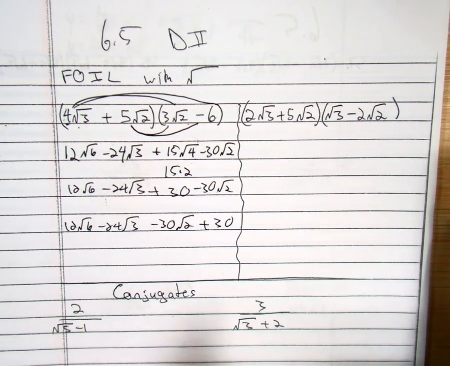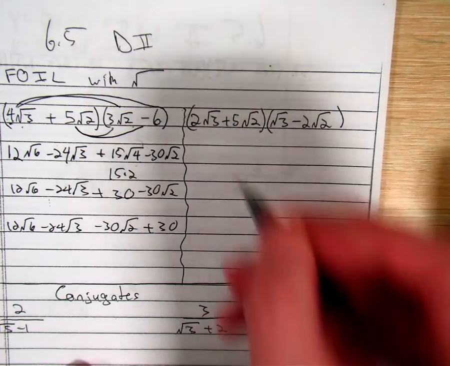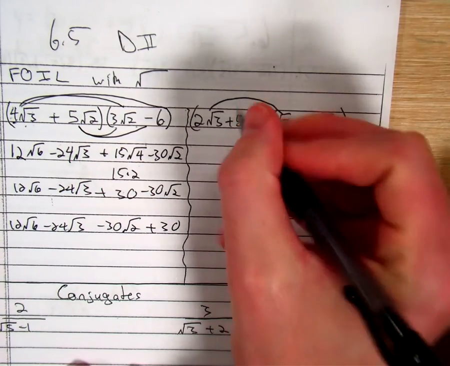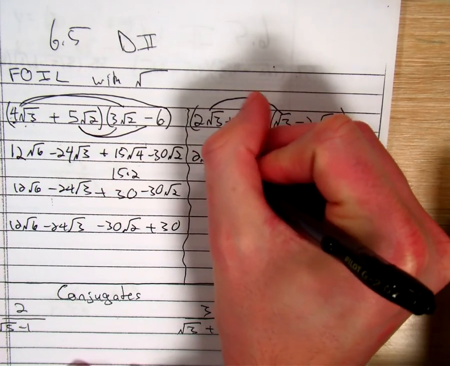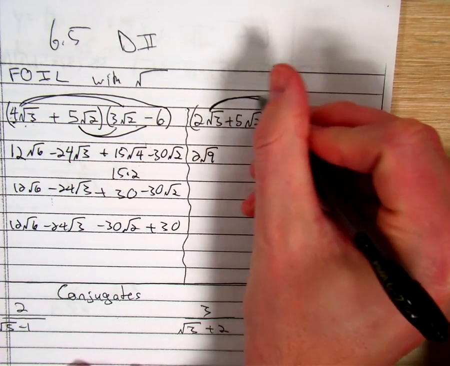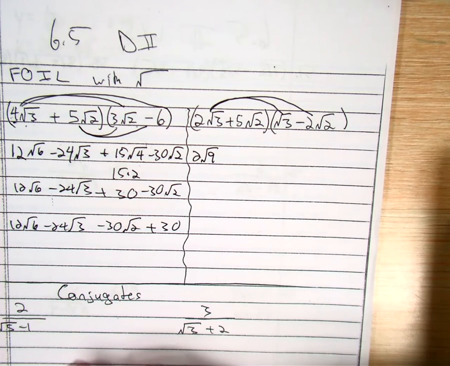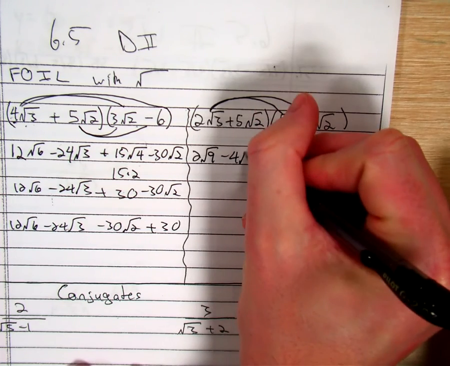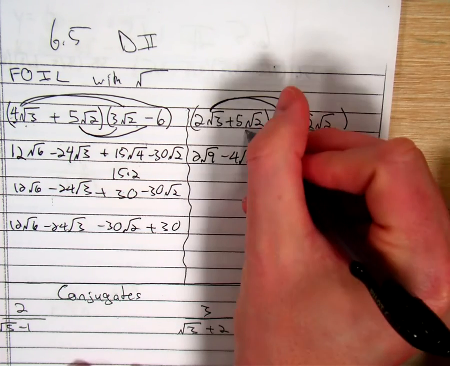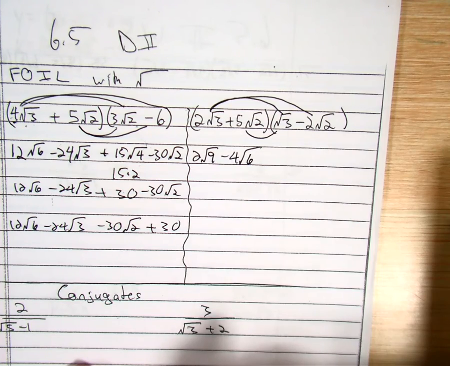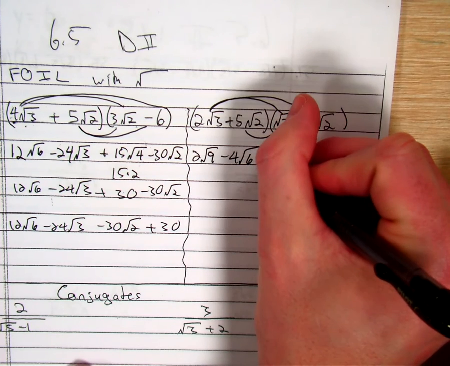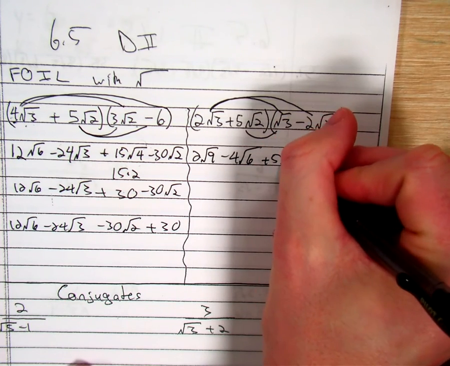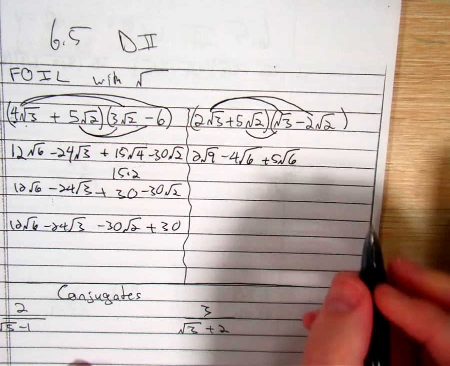All right, welcome back. Let's see how we're doing. So 2 radical 3 times radical 3, we're going to have 2 radical 9. 2 radical 3 times negative 2 radical 2, we're going to have minus 4 radical 6. 5 radical 2 times radical 3, we got plus 5 radical 6.